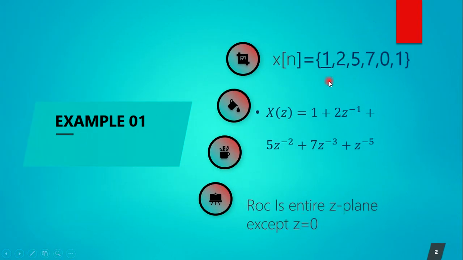If we are given this signal in time domain, that is x of n is equal to 1, 2, 5, 7, 0, 1, and the 0 index is at 1.